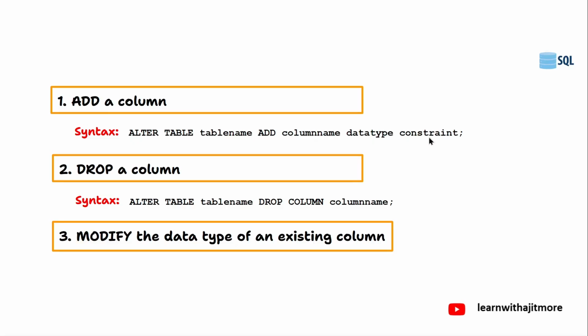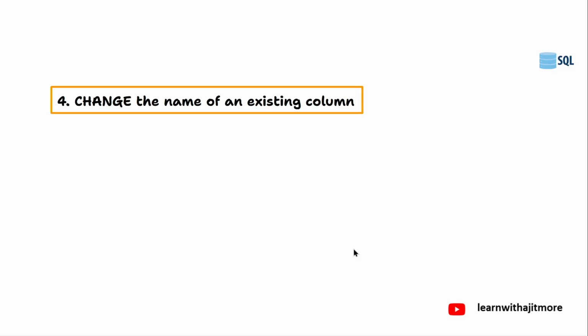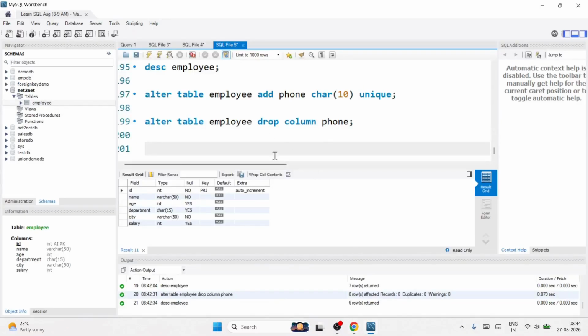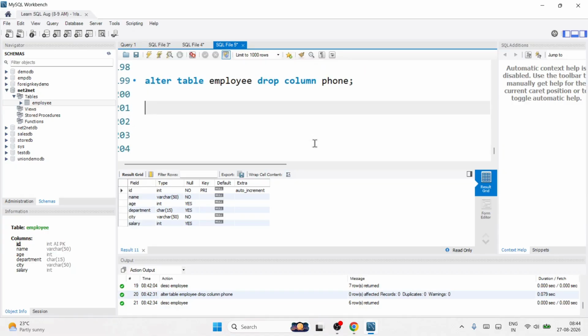If you want to add a new constraint, that also you can do. Okay? See, alter table name, and instead of the add keyword, you have to use modify, then the existing column with the new data type. I'll show you the effect of this as well. See, quickly I'll show you here. Can you see the name column is varchar 50 and the city column is varchar 50?